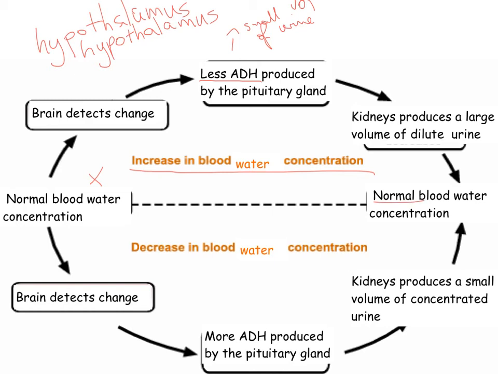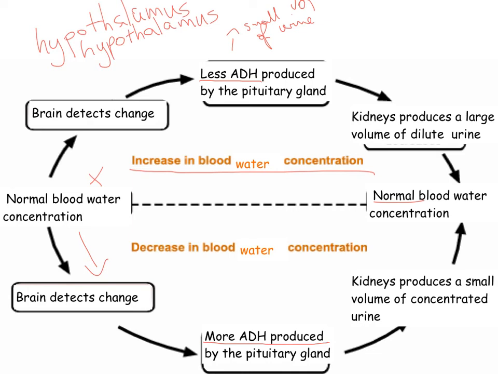What though if you haven't had a lot to drink and you end up with a decreased water concentration in the blood? Then again the hypothalamus detects that, and so more ADH is produced by the pituitary gland.